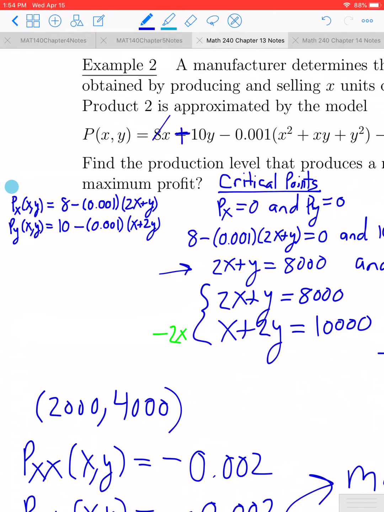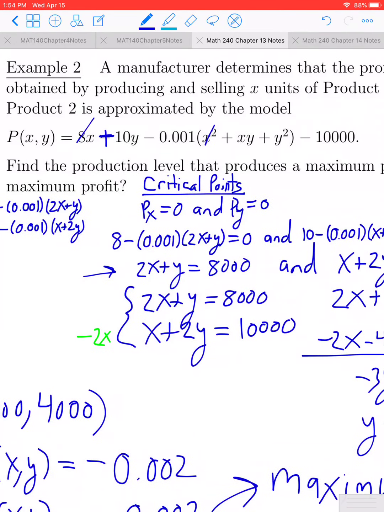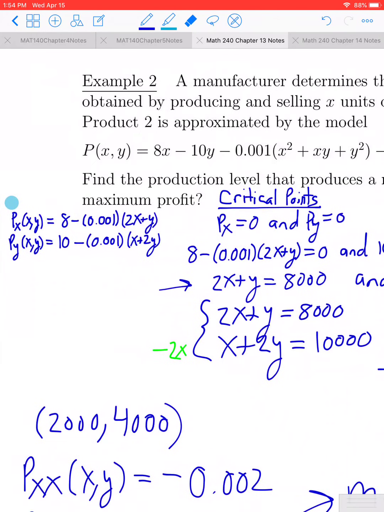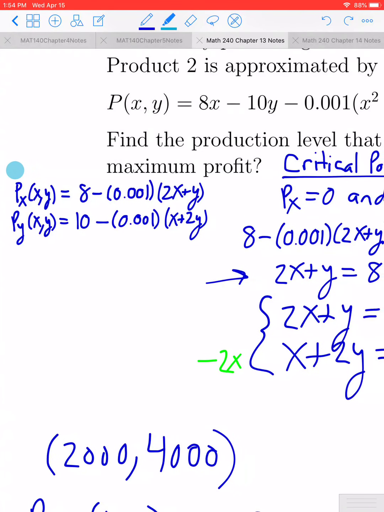Minus, with respect to y, this term would be 0. The derivative of xy is x, and the derivative of y squared would be 2y. And that constant at the end, the negative 10,000, its derivative would be 0. So the partial of P with respect to y would be this equation right here: 10 minus 0.001 times the quantity x plus 2y.